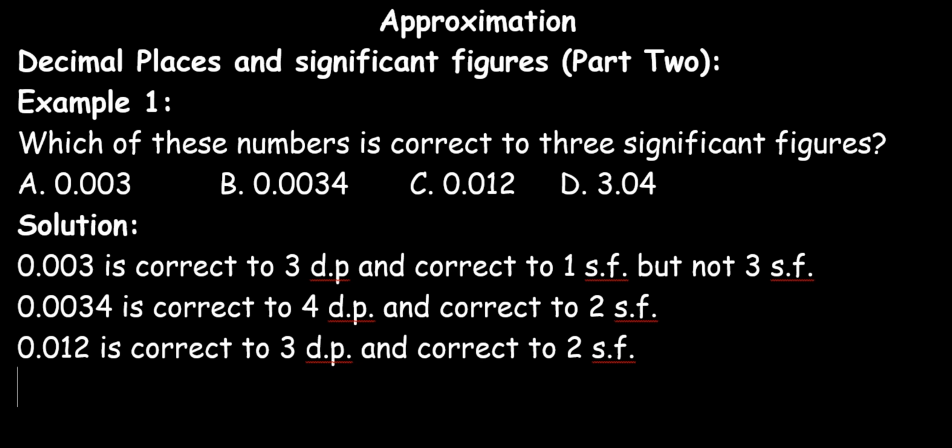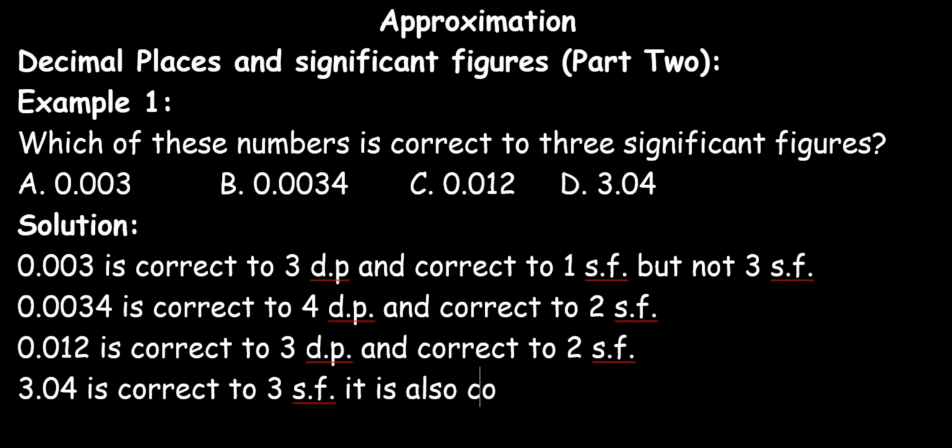Let's look at option D. 3.04 is correct to 3 significant figures, and it's also correct to 2 decimal places. Our question asks which number is correct to 3 significant figures.